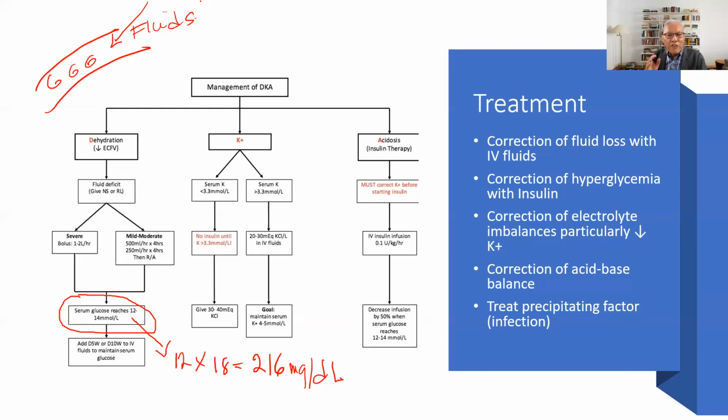Okay? And the first reason is, of course, the fact that there is cellular dehydration. So usually when we reach around the 200 mark, we're going to add dextrose or D10 water to the IV. So you're saying, are you crazy, Dr. Tom?